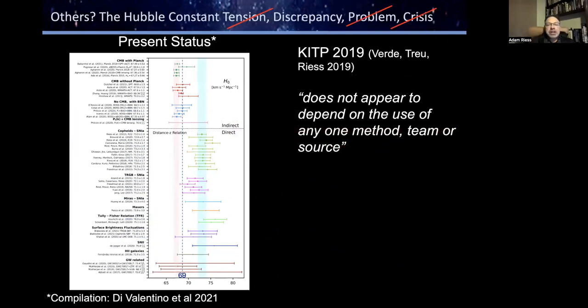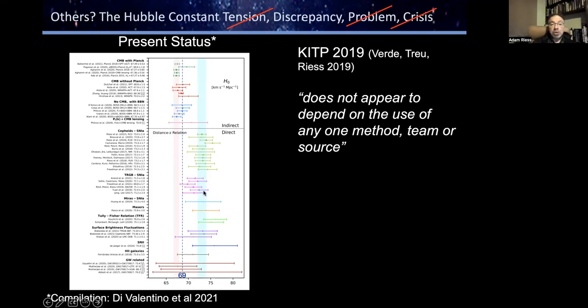And again, it's not just even this technique, but many other techniques. If you make that prediction from the early universe using Planck or WMAP or ACT, any of the CMB experiments, or Big Bang nucleosynthesis, anything from the early universe to calibrate the model and predict the Hubble constant, you're going to predict something around 67 to 68.